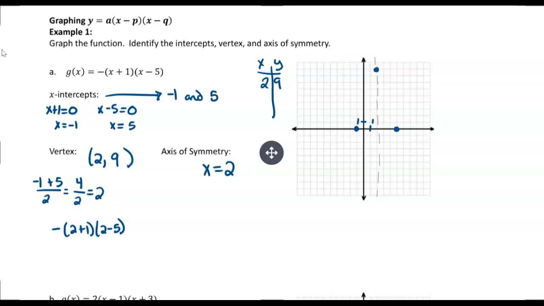So maybe finding one at 3 or 4. We know at 5 it's 0. So let's plug in 3 into the equation. Let's see what we get. So I get 8. So over 3, up 8. Find a symmetrical point, and that's good enough. You have the vertex plus 2 points on each side.